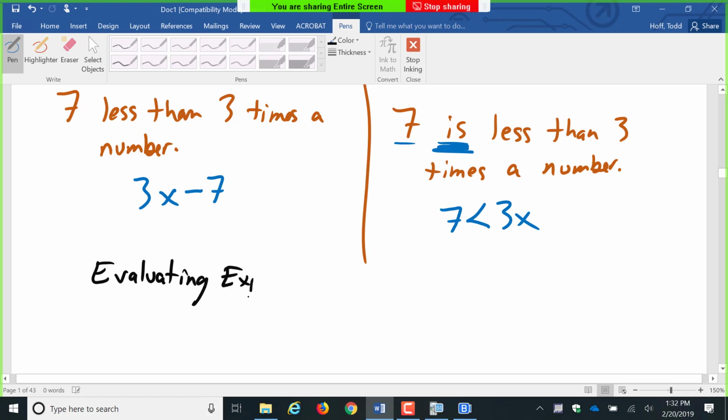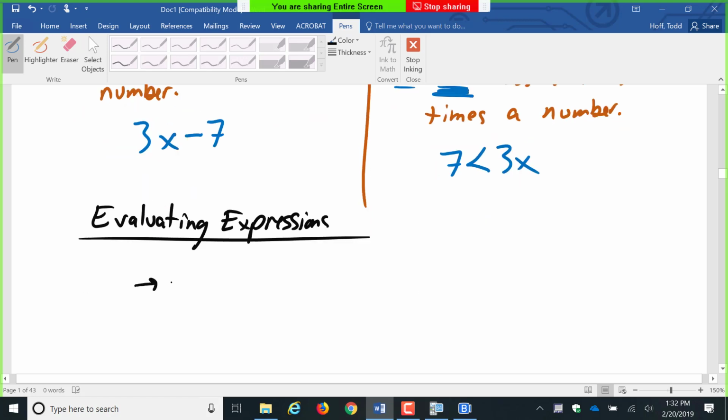Evaluating expressions. This is things like 7x squared minus 5y. And evaluate it for x equals negative 5 and y equals 3.